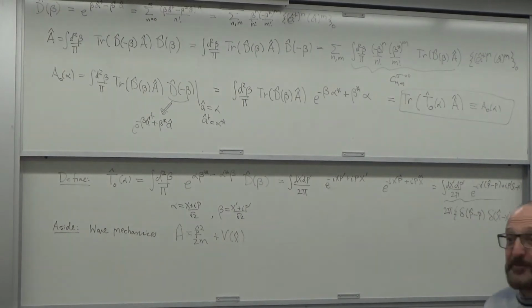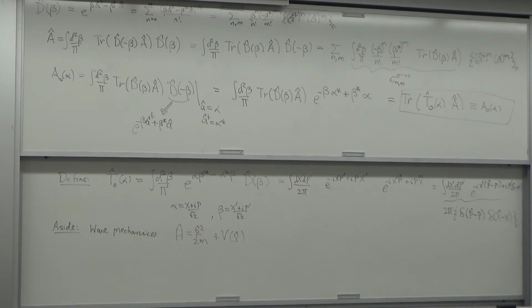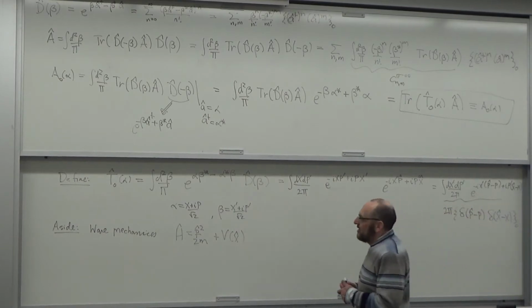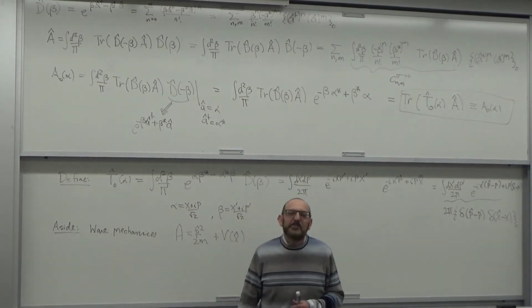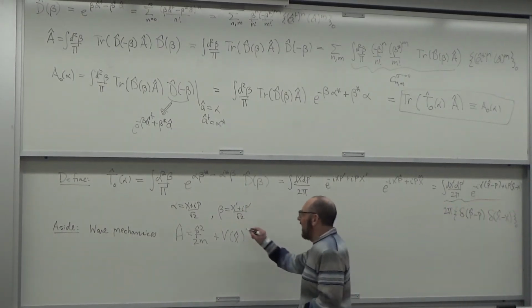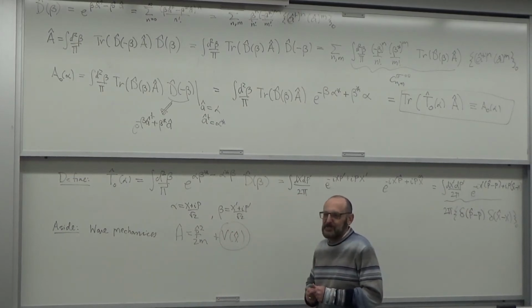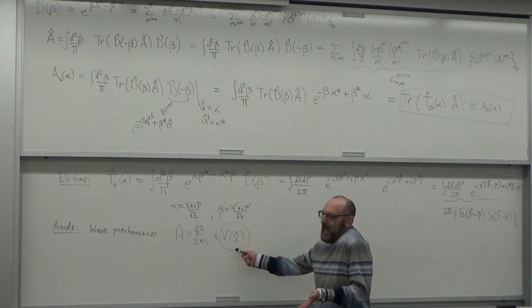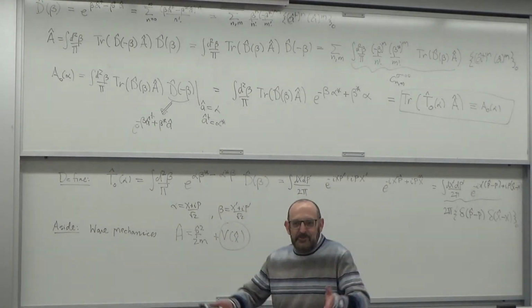That's an operator, right? This is the kinetic energy operator, this is the potential operator. Suppose I wanted to write a position representation of this operator. How would I do it? I would just make x equal to x, and that's the potential in the x representation.